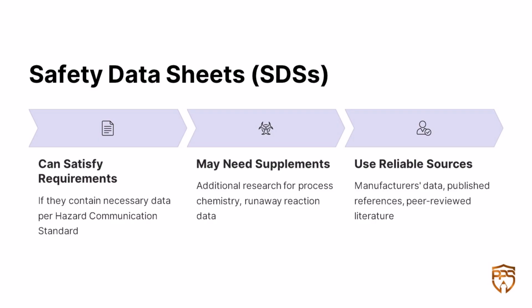When gathering hazard information, use reliable sources such as manufacturer's data, published references, or peer-reviewed literature. Ensure that toxicity and exposure limit data are current. Regulations or recommended exposure limits can change over time. Document incompatibilities and mixing hazards in plain language so operators and emergency responders understand the risks.